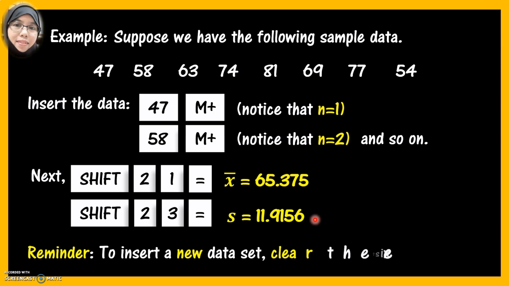So please be reminded, again, if you want to try a new dataset, then you can clear the memory of the existing data first by using the stat clear I mentioned earlier.